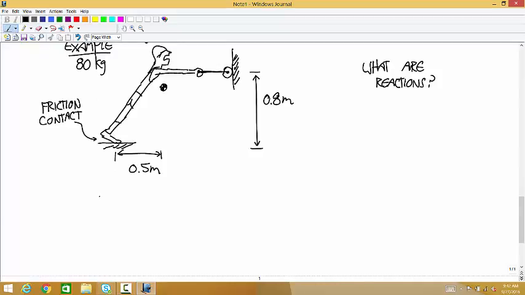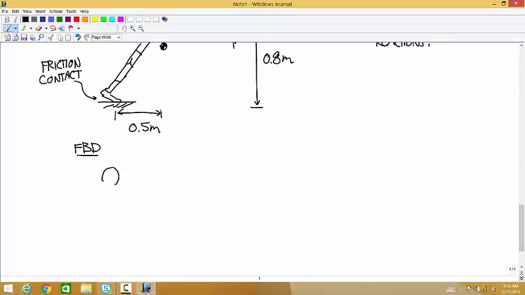Well, the first thing we have to do is a free body diagram. Nope, we have everything we need. So I'm going to show how this works.